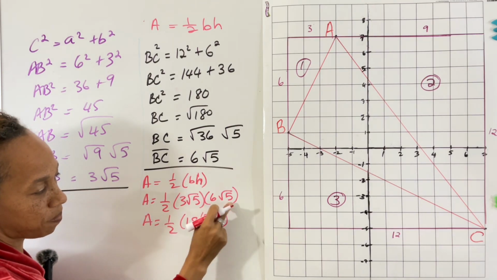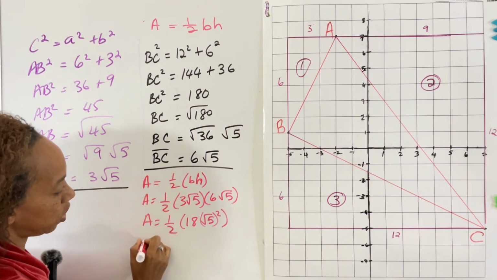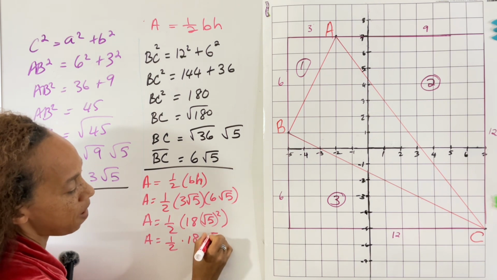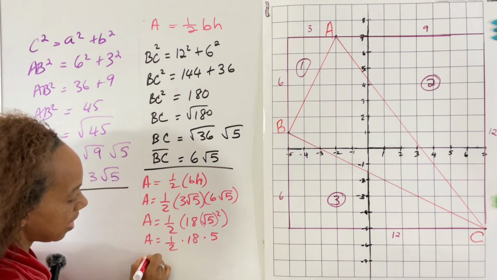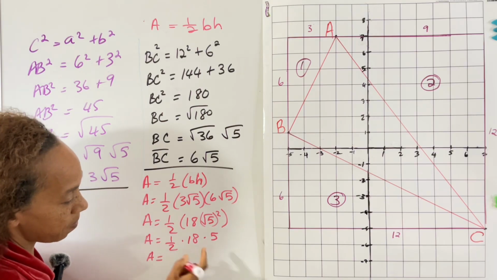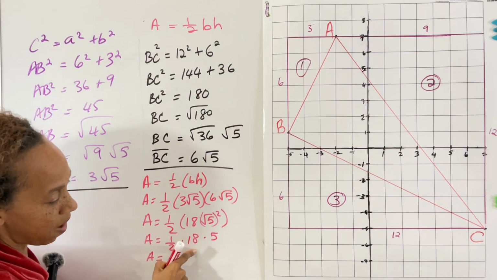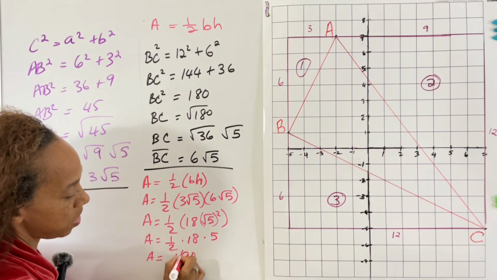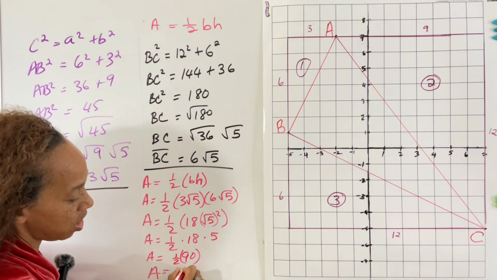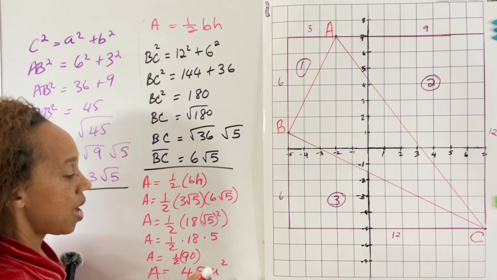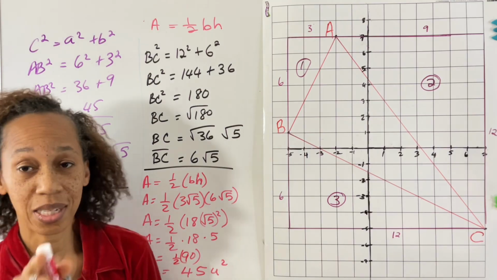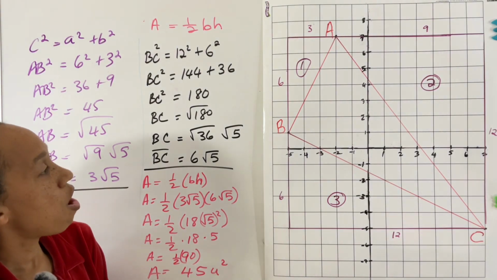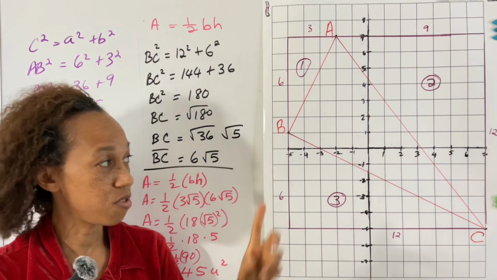Don't forget that, because you're multiplying radical 5 by radical 5. And so you will get A equals half of 18 times 5. This is going to be 90, so half of 90 is going to be 45. So the area is equal to 45 units squared. And you will notice here that it is the same answer that we got previously. So this is the second method of finding the area of this given triangle.